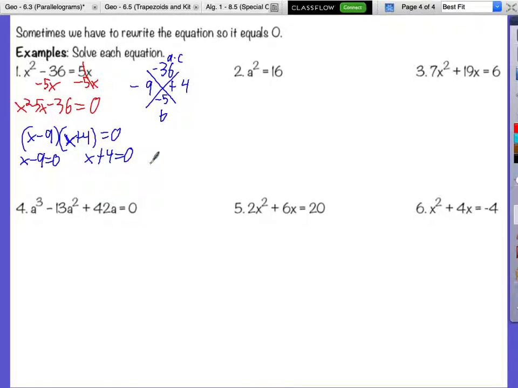We set every single factor equal to 0. So how would you solve this first one? Add 9 and x is equal to 9. How do we solve the second one? Minus 4. And x is equal to negative 4.